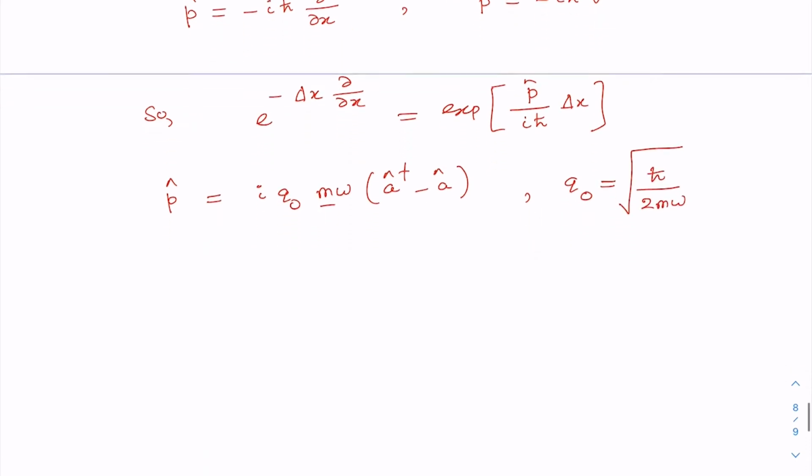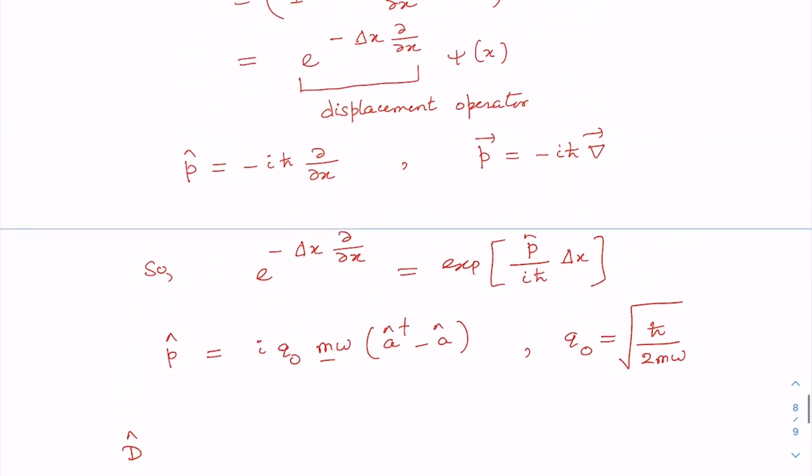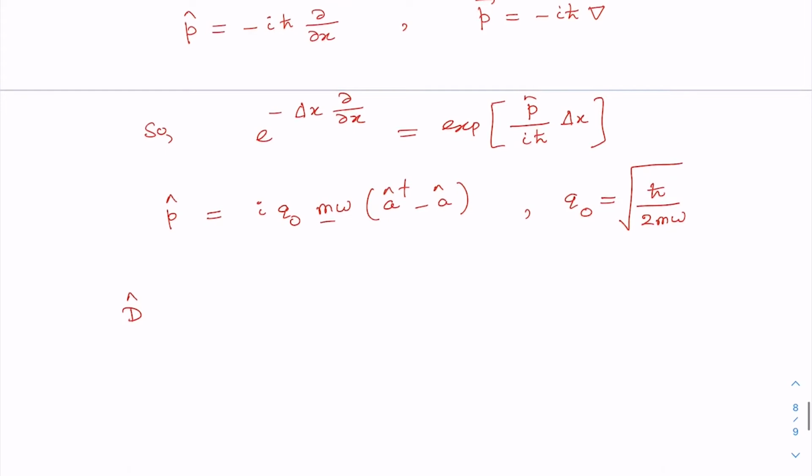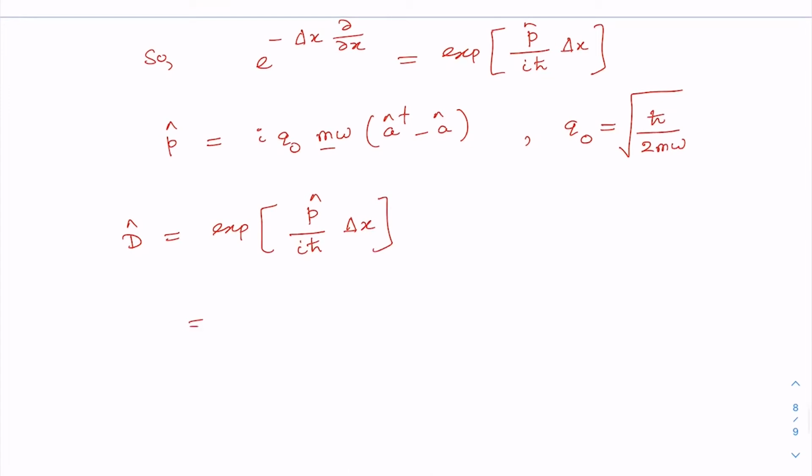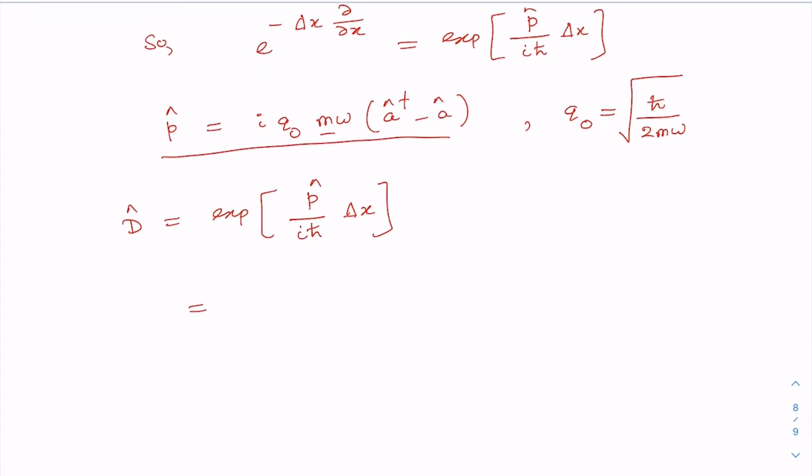Okay, so in terms of this new annihilation and creation operator, I can write down this displacement operator. I can represent it by this D cap here. Then I have exponential of p by i ħ times Δx, and if I put this expression from here, I would be able to write it as exponential.